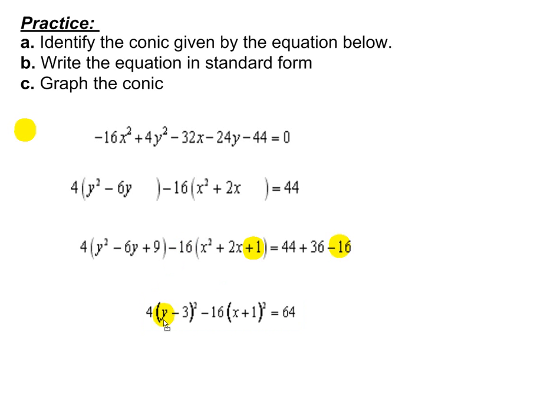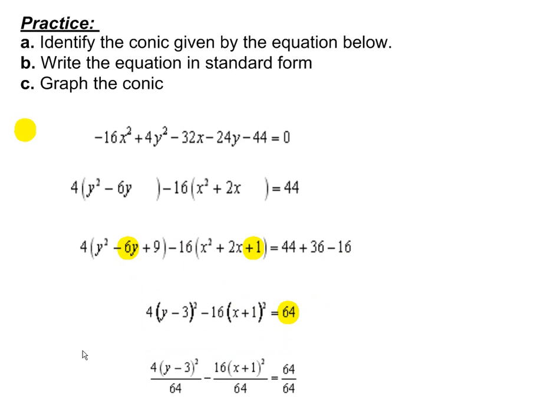It's always going to be y, whatever half your middle term was, and x, whatever half your middle term was. Now, if you recall, we never have a number here except a 1. The equation is always set equal to 1. So in order to set this equal to 1, we have to divide by 64. So we divide all three of these terms by 64.